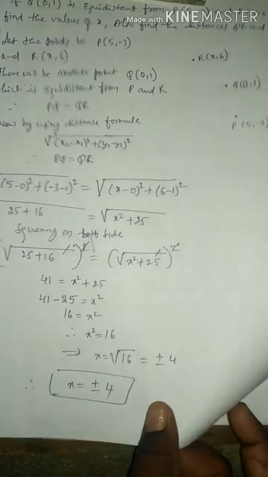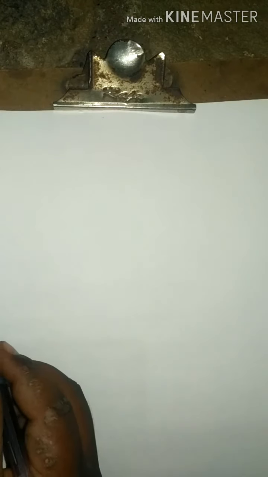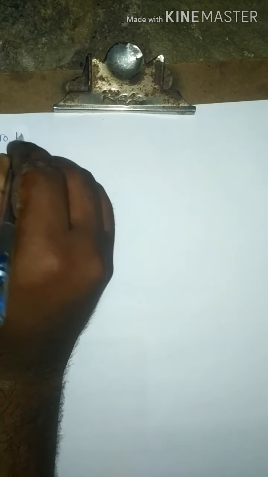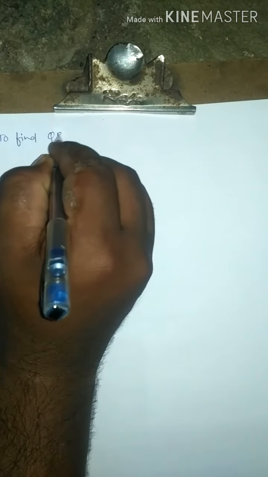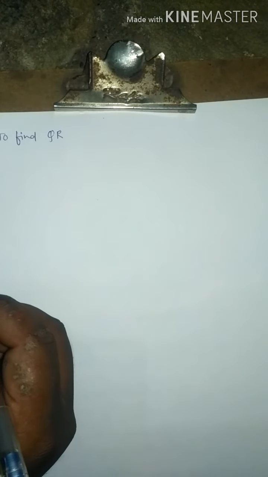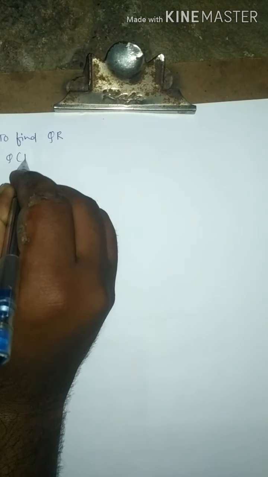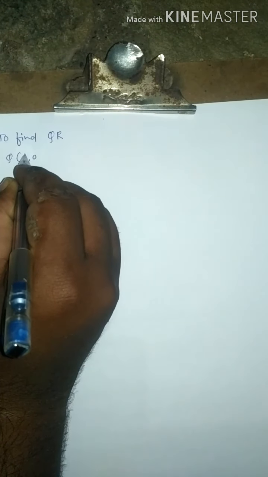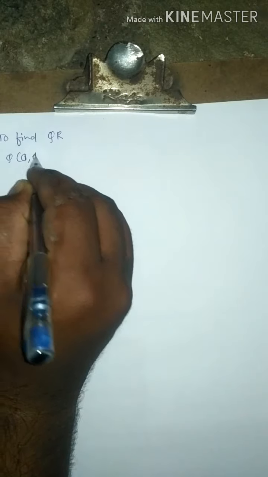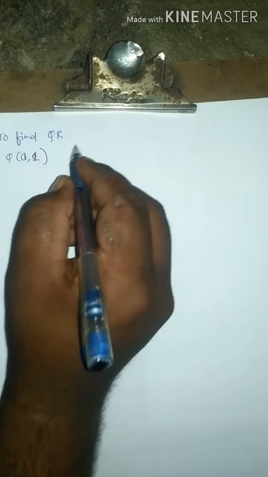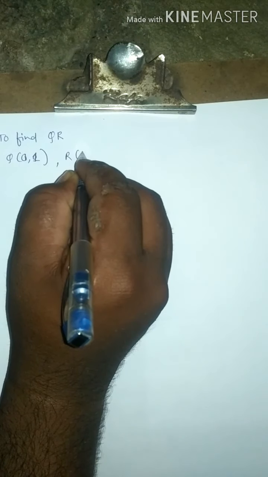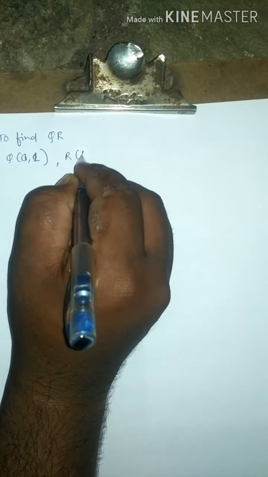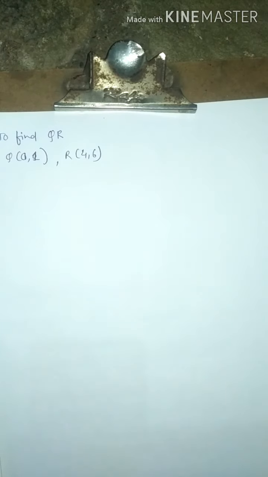So now to find QR, Q is 1 comma 0 comma 1, and R, I am going to consider x value as plus 4, that is 4 comma 6.